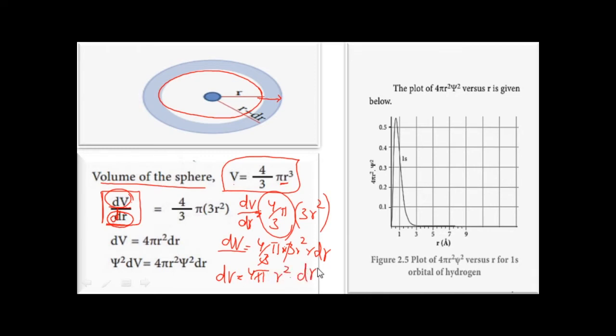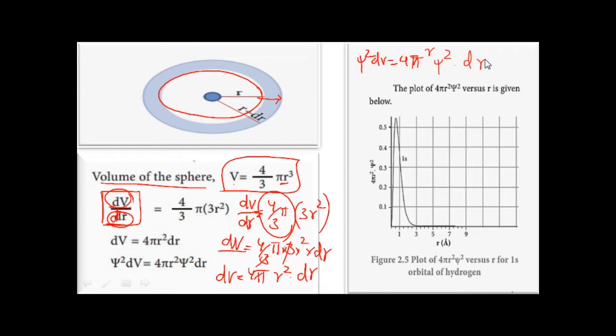Next, multiplying both sides by psi squared, we get psi squared dV equal to 4 pi r squared psi squared dr. What is psi squared?